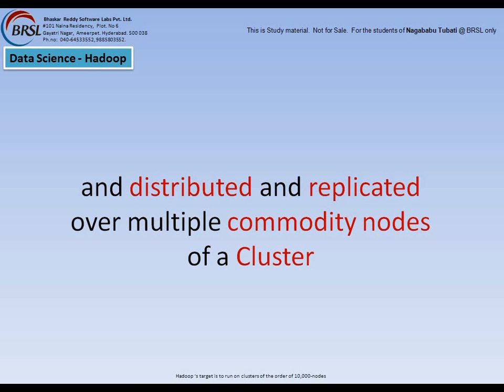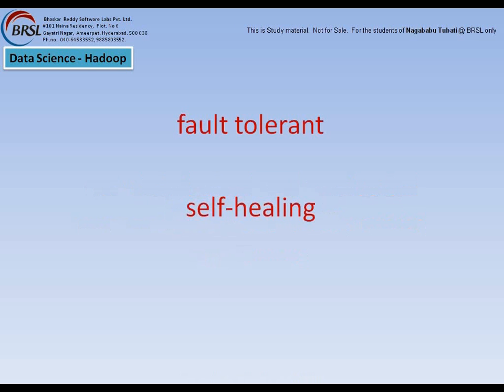So the HDFS part of Hadoop is dividing large files into smaller files, and they are distributing and replicating over multiple commodity computers. And also it is capable of fault tolerant, self-healing, and scalable.